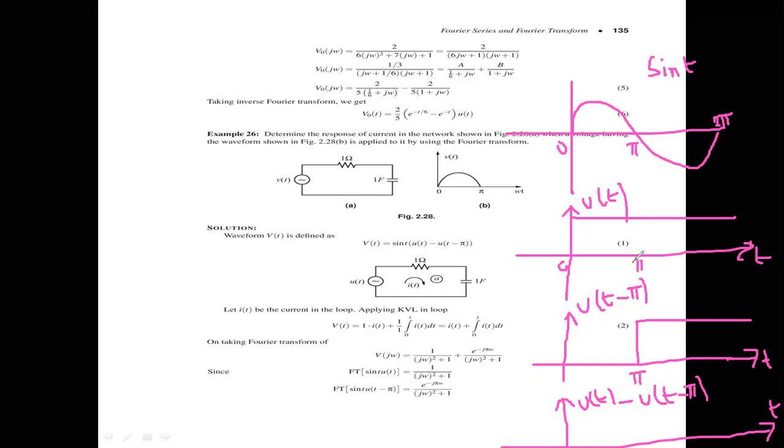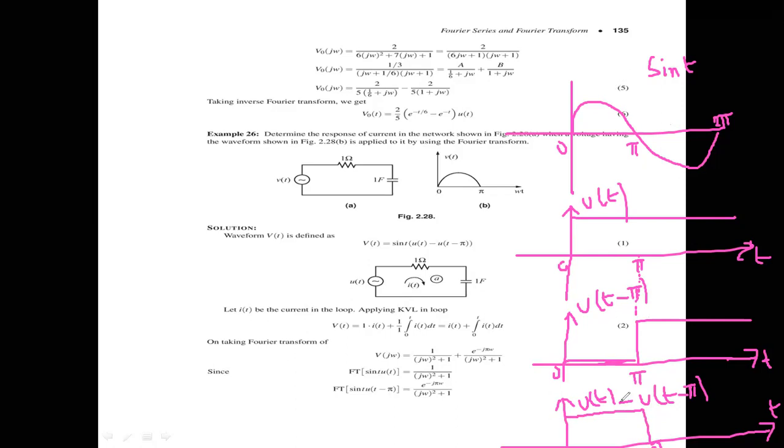Here also let us assume the pi is there. From 0 to pi, mu of t minus pi is 0, and mu of t is 1. 1 minus 0 is 1 up to pi. And from pi to infinity, both are 1 only. 1 minus 1 is 0.